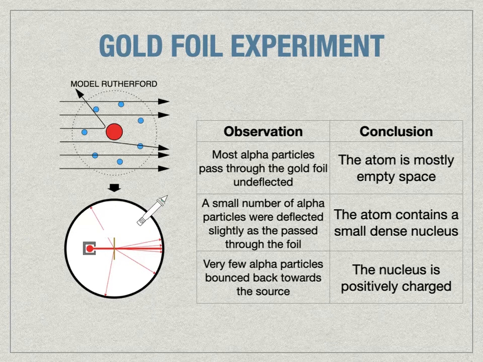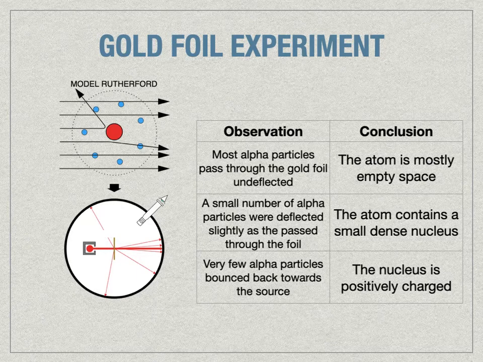But mainly what we're saying is because it's only every once in a while deflected, this thing must be pretty dense, and it must be in a very small portion of the atom. And then, very few alpha particles bounce back towards the source. This tells us that this thing is positively charged.